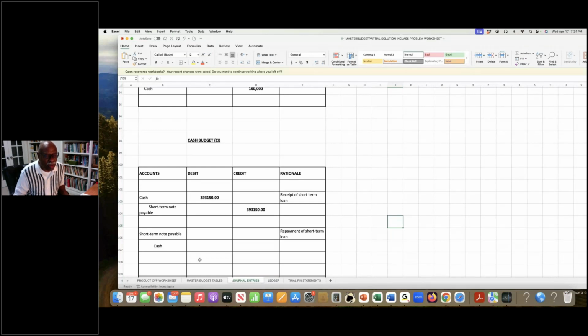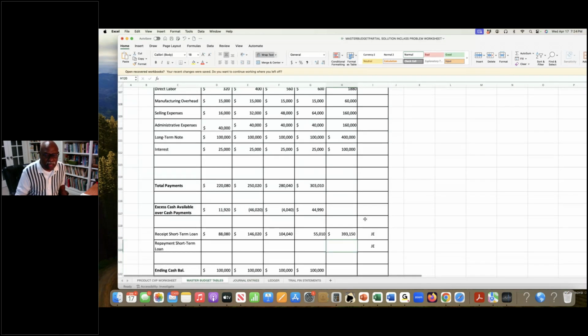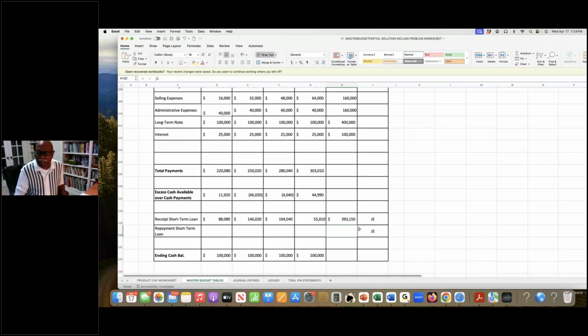And so this is why the cash budget has to be done. So this is your break-even year, but you still need to borrow 400,000 in preparation for your $1 million year.